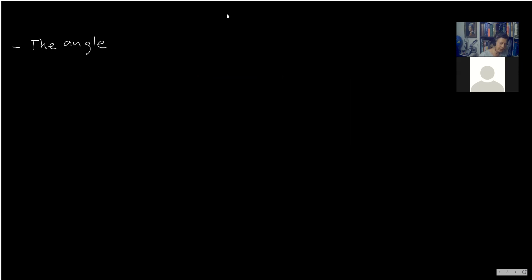How to find the angle between a line in 3D and a plane. Have you studied this part? No. How do we do that?